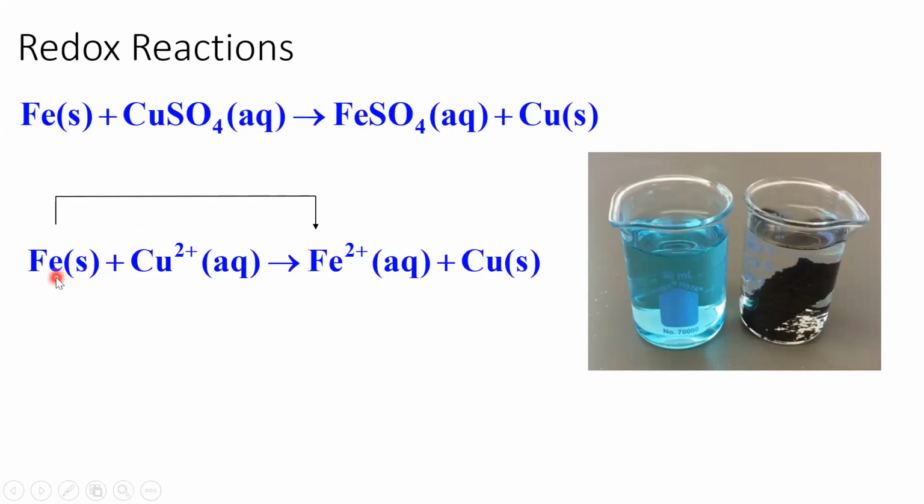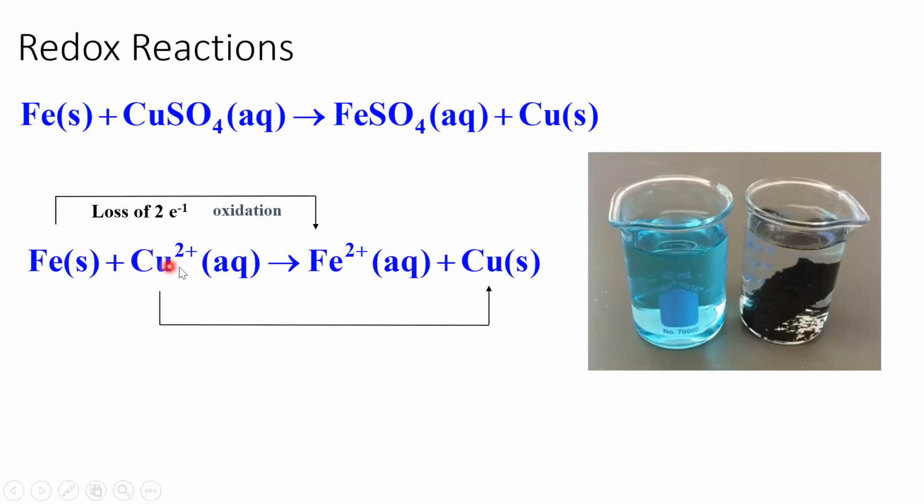So let's look at iron. It's going from a 0 to a +2. It's losing 2 electrons. So that means that iron is being oxidized. It's giving off electrons, and that's why its oxidation number is changing.